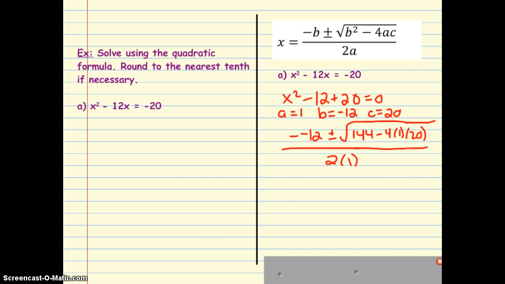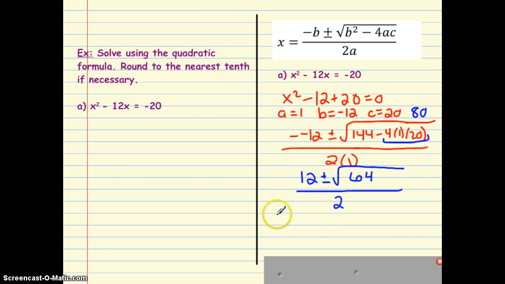So we'll simplify this down. This whole thing comes out to 80, so 64 under here, all over 2.